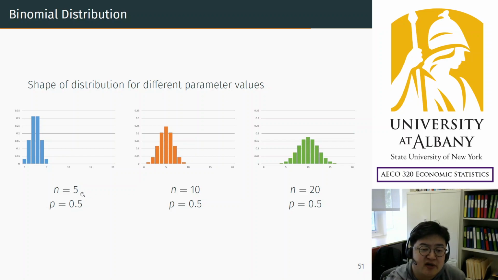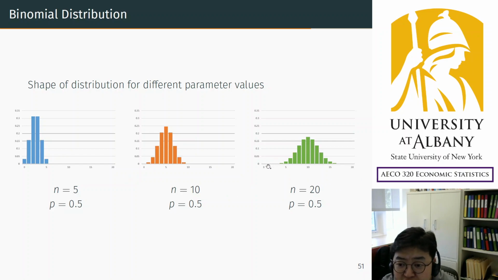When the number of trials was 5, its range is between 0 and 5, so the range is only 5, and it's distributed here. But when you increase n to 10, then you get a range between 0 and 10. It's still symmetric, but it's spread out. And when you increase it to 20, then it's even more spread out.